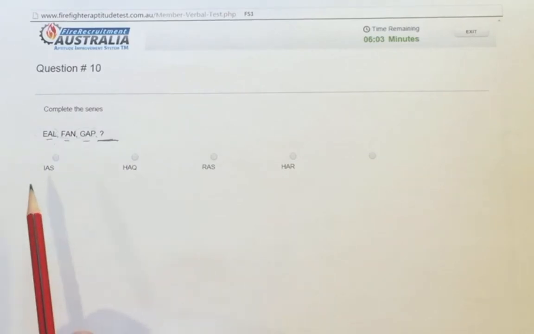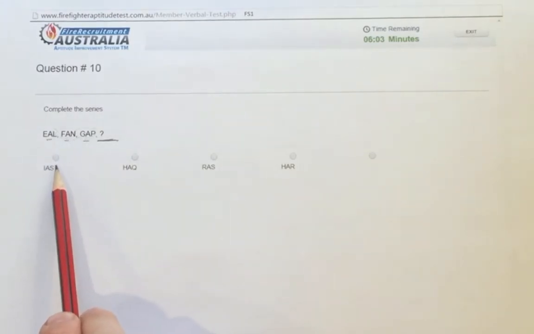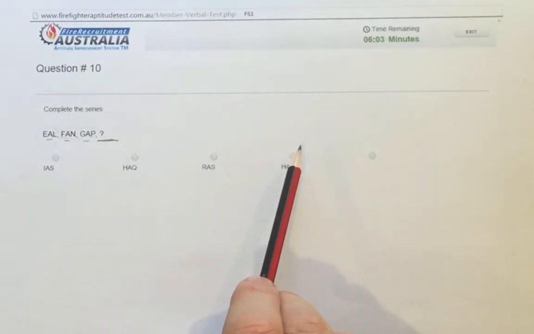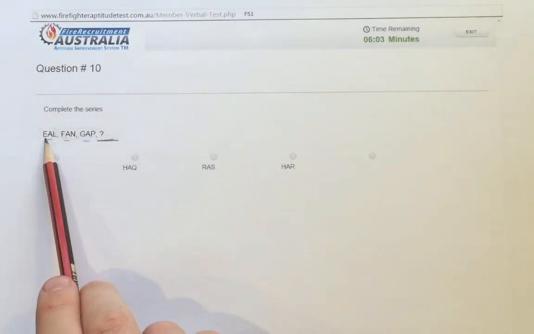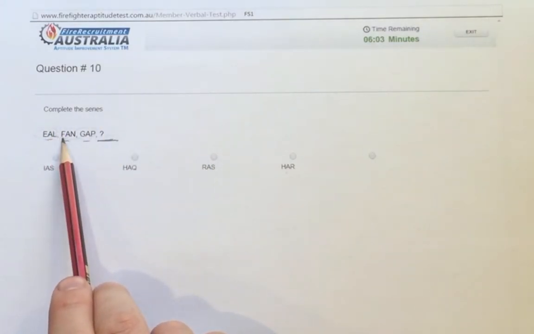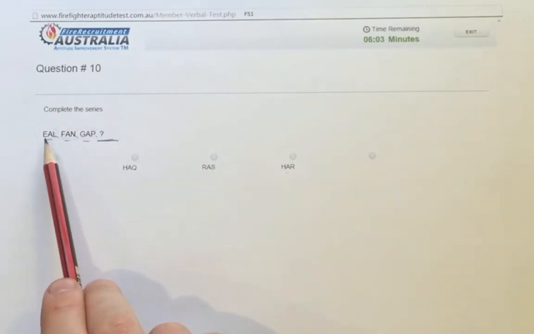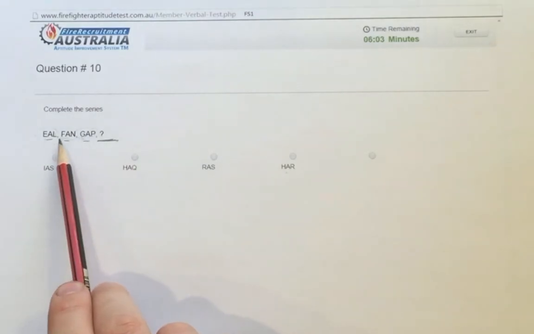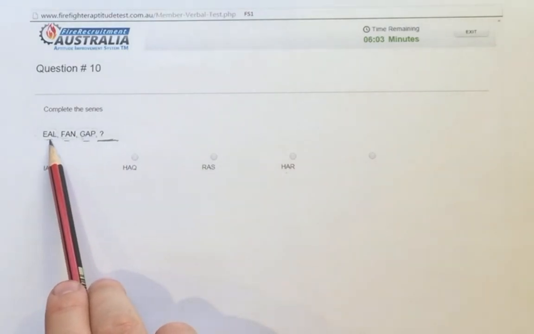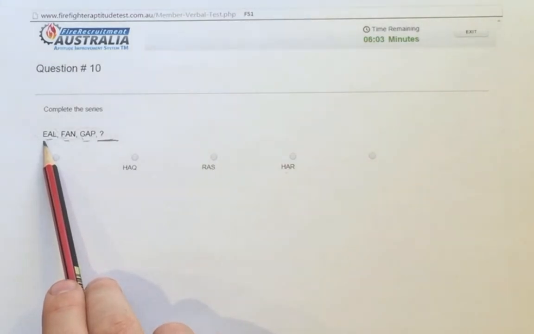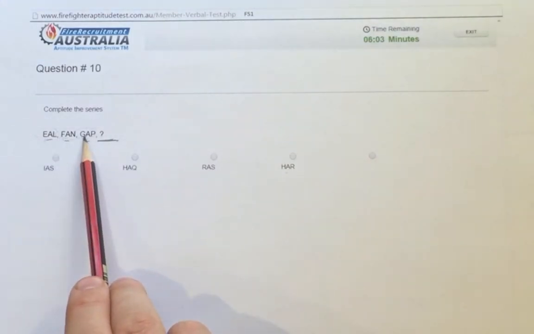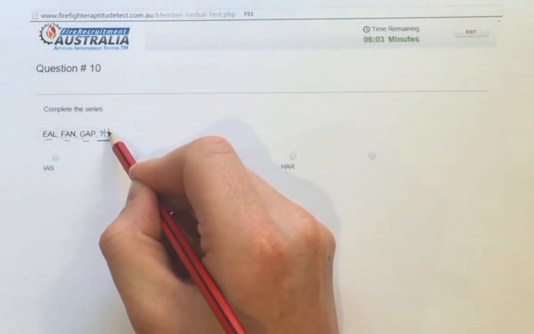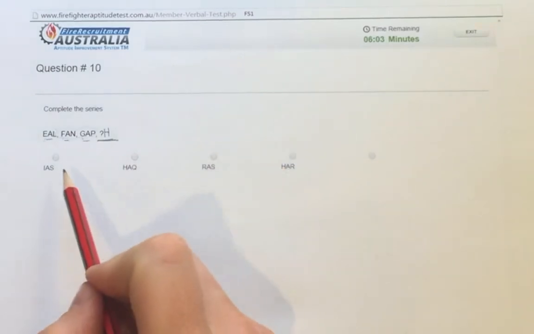If we have a look down here and say that A is a constant, because all of our options have got A in them, then if we go right, that one's got E at the start, F at the start, G. E, F, G, that's in alphabetical order, H, I, J, K, L, M, N, O, P. A, B, C, D, E, F, G, H. So I reckon H is going to be the first letter of this one.